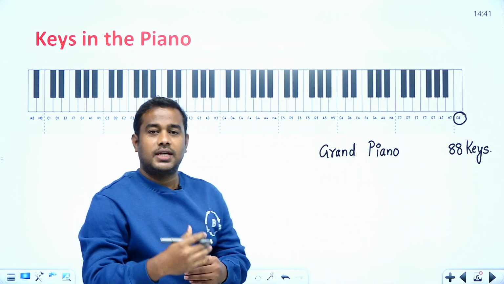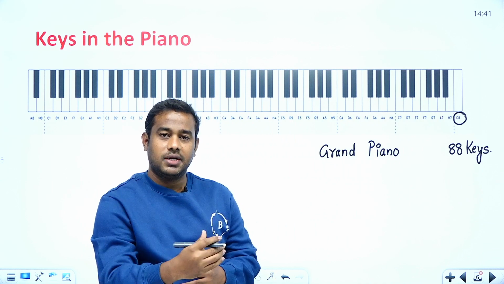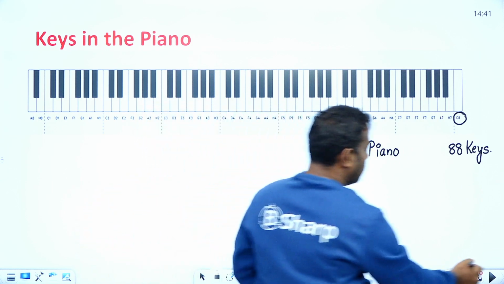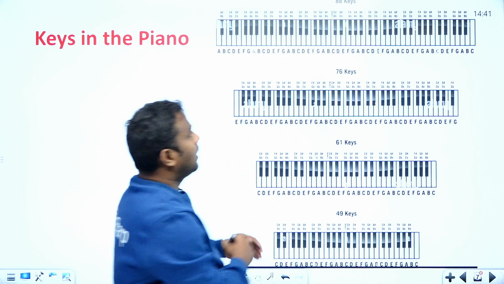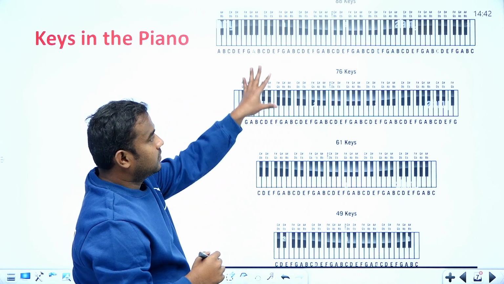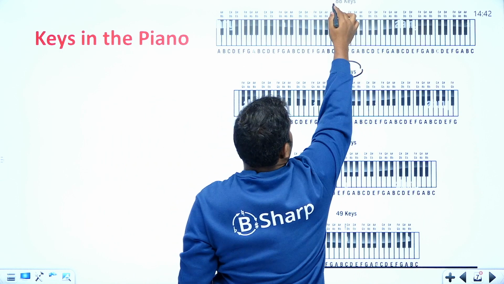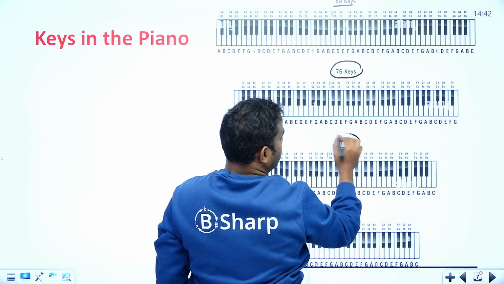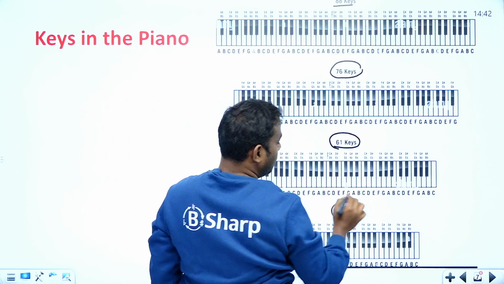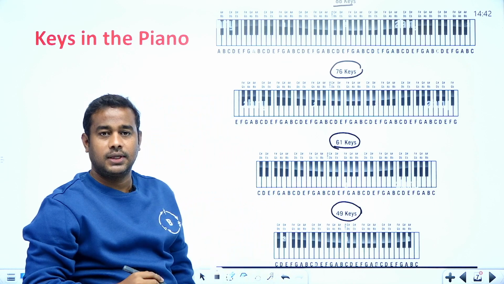In coming lecture classes, I'll explain why we have 88 keys, and why some keyboards have different counts. You'll observe mostly 88 keys, 76 keys, 61 keys, then 49 keys. So likewise, you have different numbers of keys.